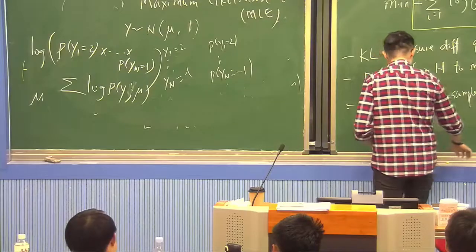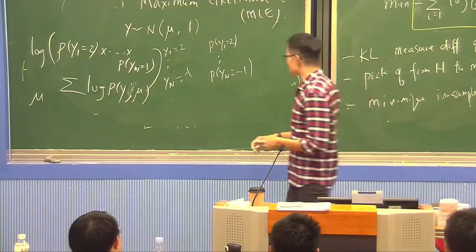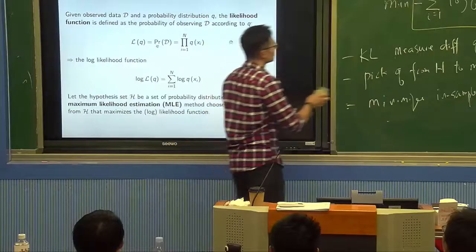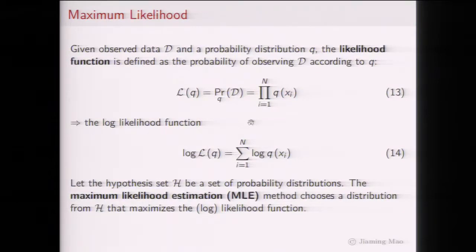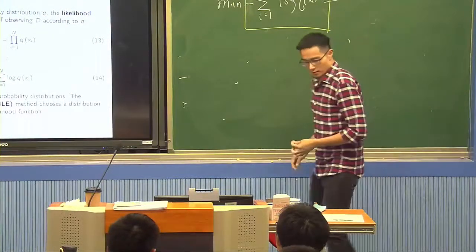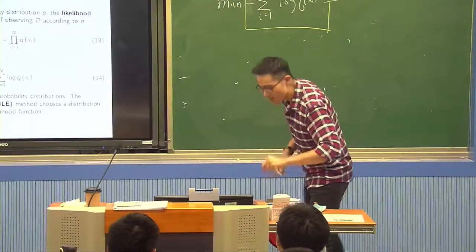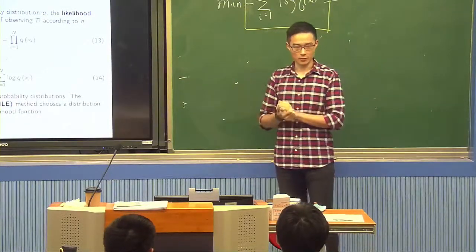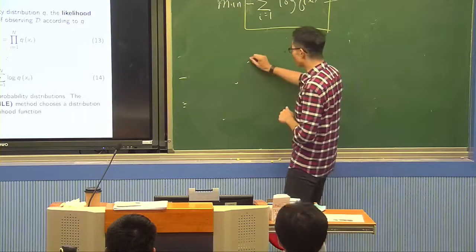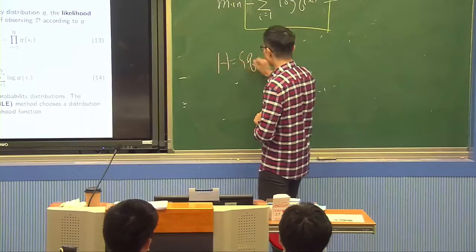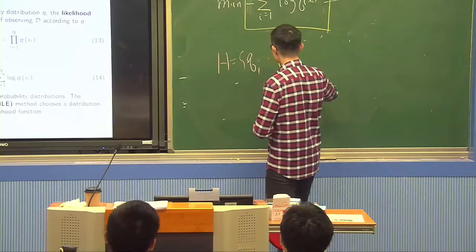In other words, what we do in maximum likelihood is, I do not know the true underlying distribution. So I have a proposal, the proposal is Q. In fact, I have a model, and the model has many, many different Q, Q1 to Qn.